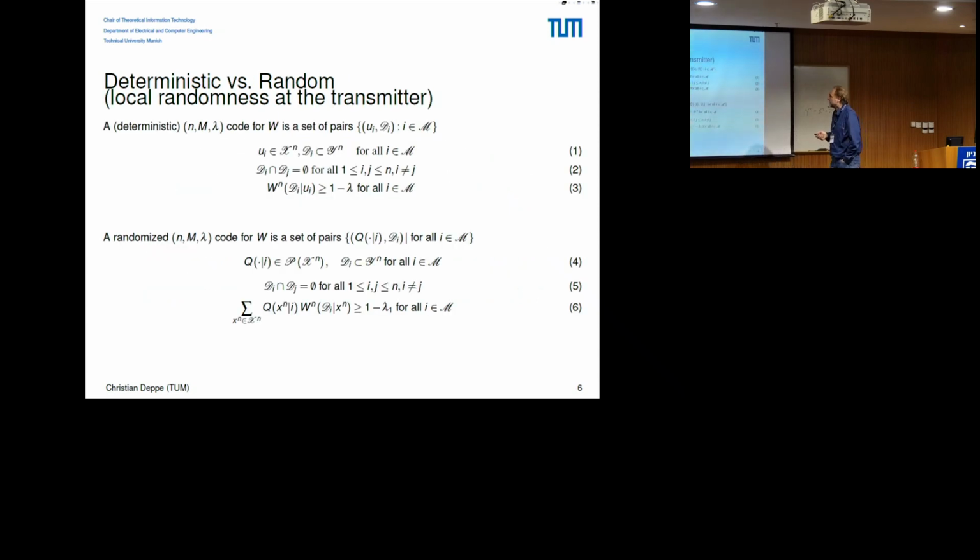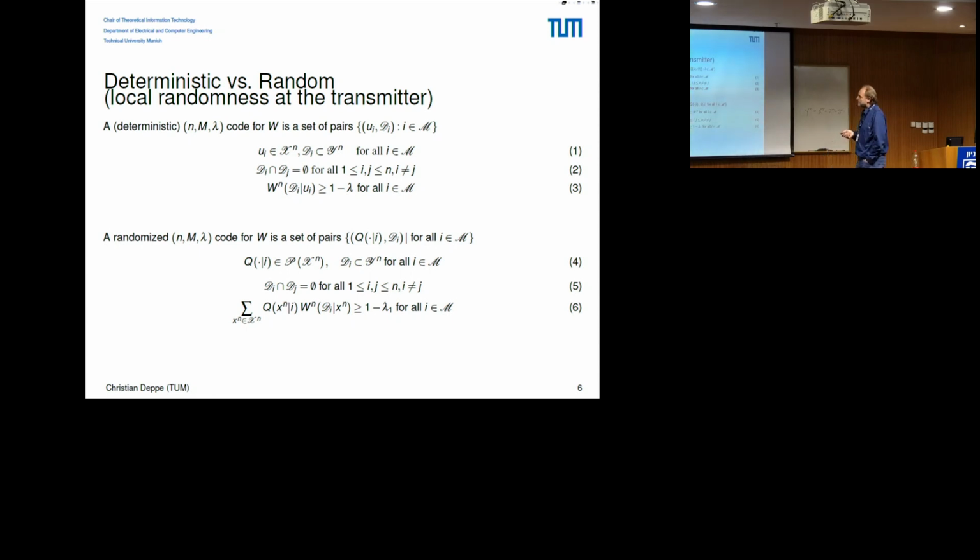So first we can define, when we don't have this resource at the sender, a deterministic code where we have a pair (u_i, D_i). So u_i is the codeword, D_i is the decoding set, and they are disjoint. So Bob can always make a decision which codeword was sent, and then of course you have the error probability here.